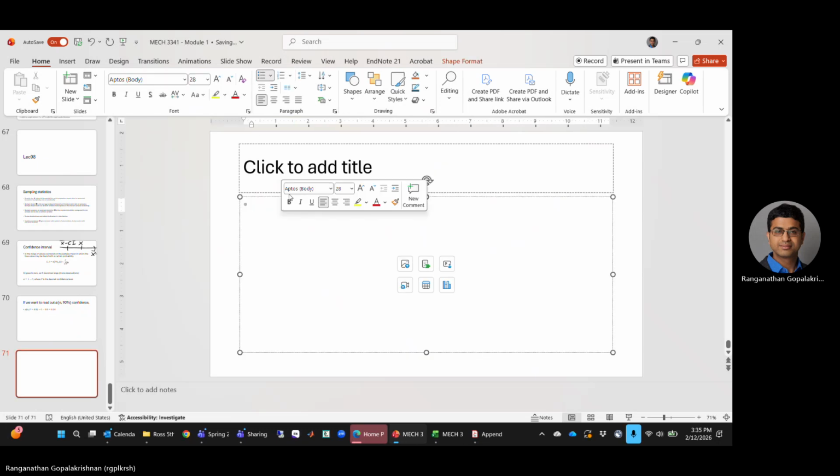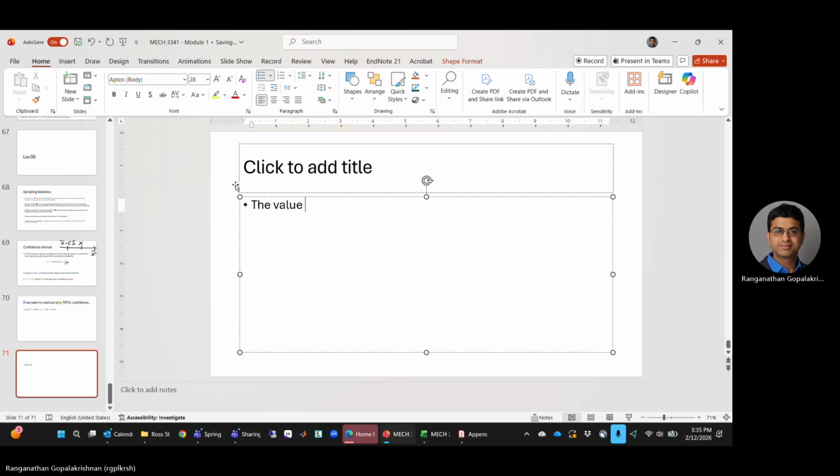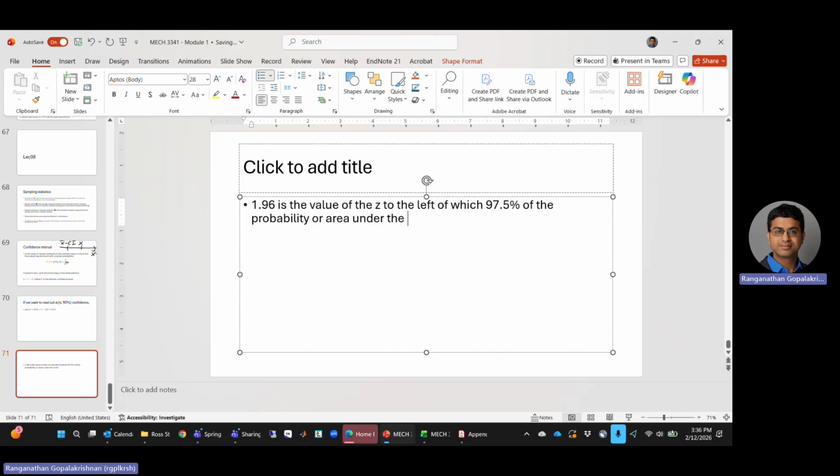The value 1.96 is the value of Z, to the left of which 97.5% of the probability, or area under the standard normal distribution curve, lies.